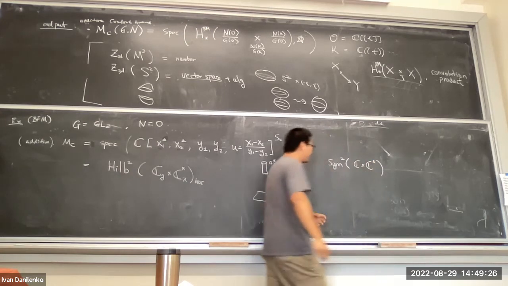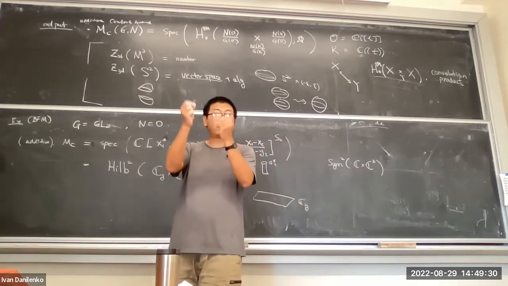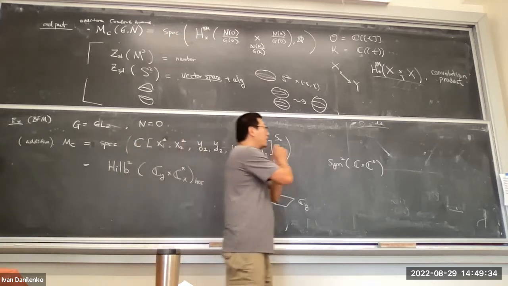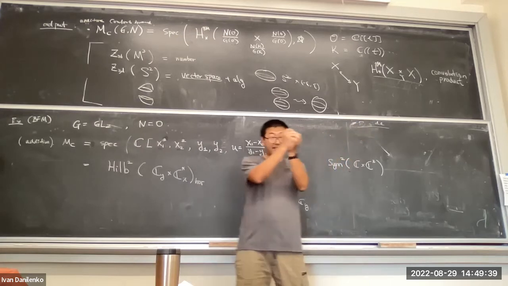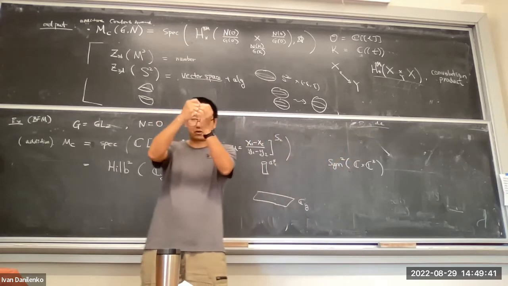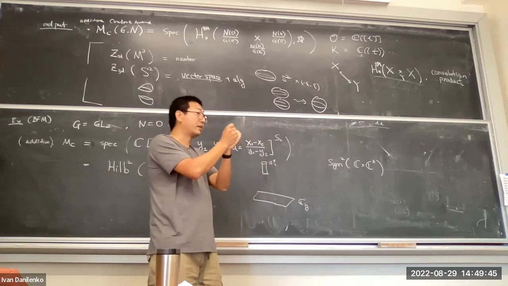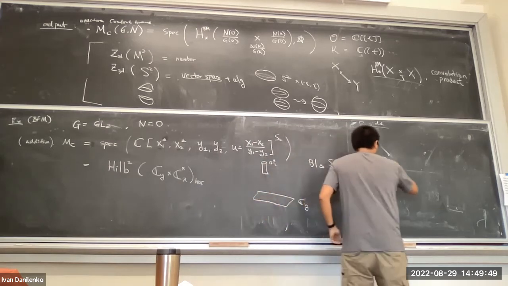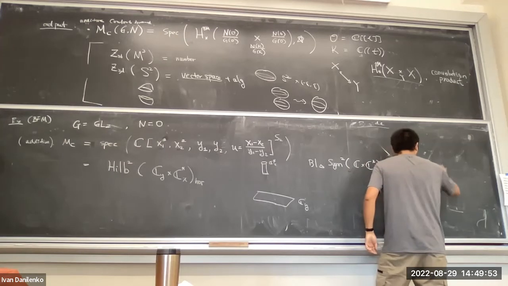Well, that's the first guess, but this space is not smooth. It is singular when the 2 points coincide. To resolve that singularity, you blow up the diagonal. That means you remember not just the fact that they coincide, but how they become coincident, in which direction they come close together. So that's the Hilbert scheme.